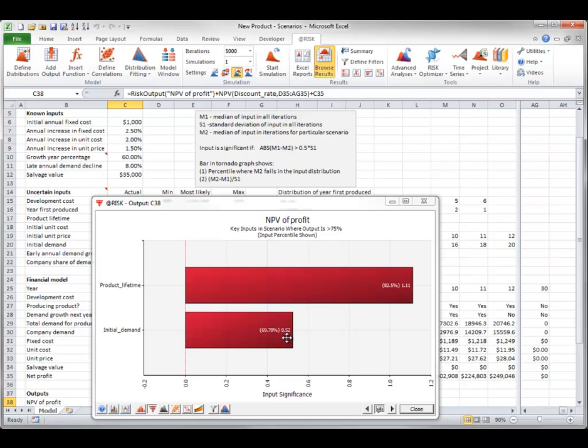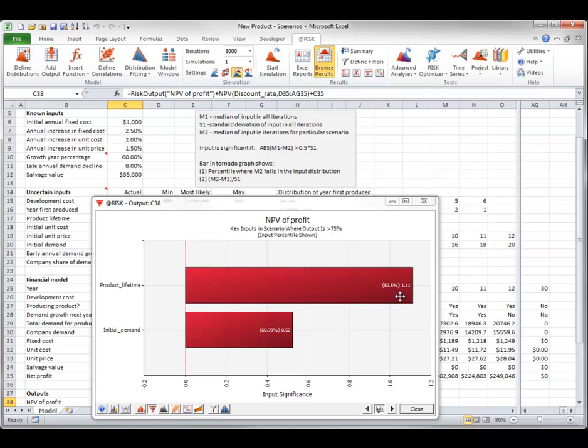The other number in the bar is M2 minus M1 divided by the standard deviation. That is, it is the number of standard deviations that M2 is above or below M1. For example, the product lifetime's median for large values of NPV is 1.11 standard deviations above its median for all values of NPV. Now you know the technical details, which you can revisit as necessary.